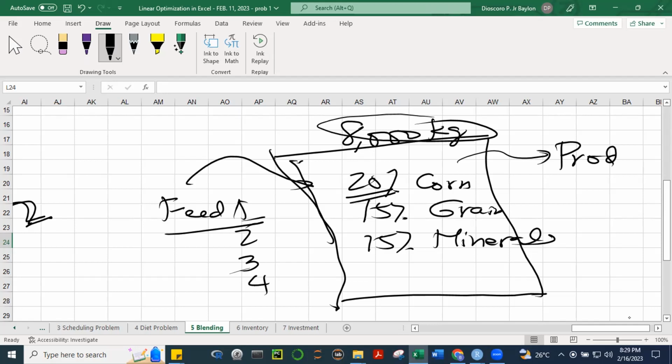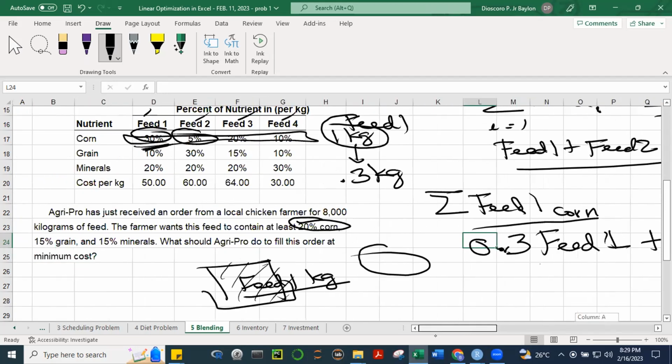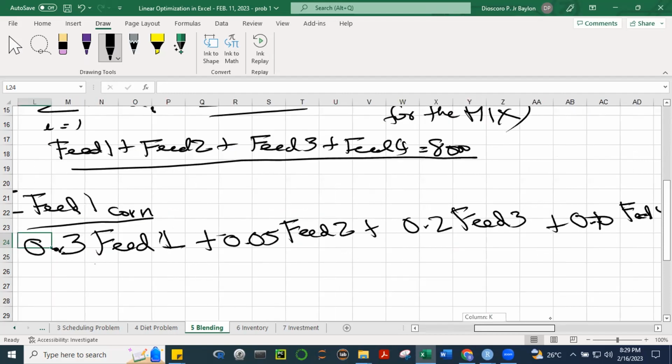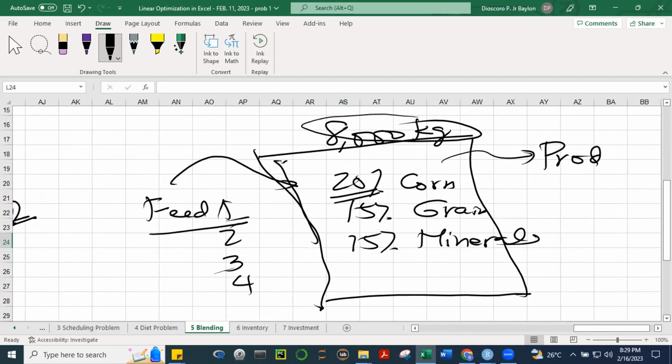So we have to make sure, for example, that if feed 2 has only 5% corn, maybe there should be more feed 1 or feed 3, because feed 1 and feed 3 contain the most corn, right? And corn is the biggest content that we should have in this mixture.